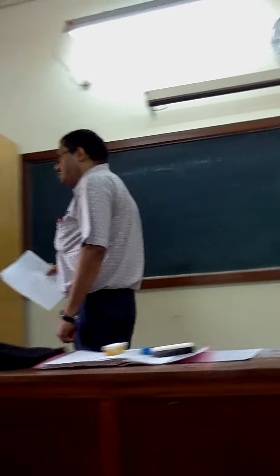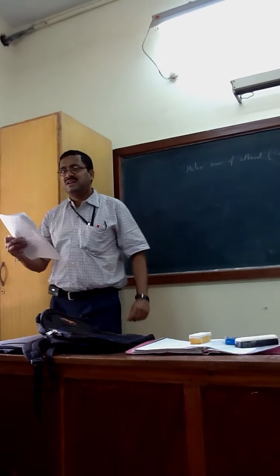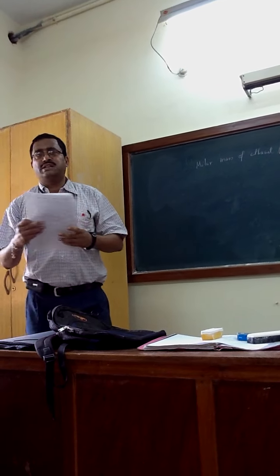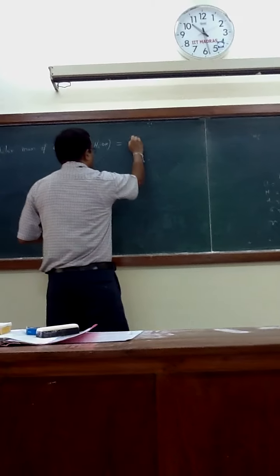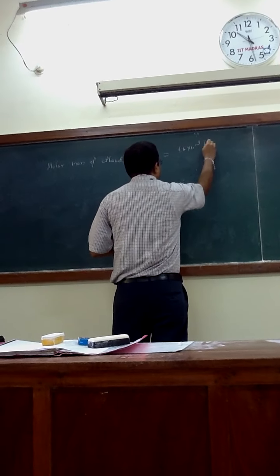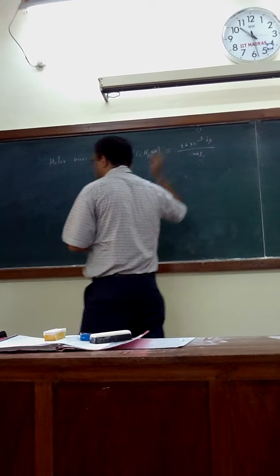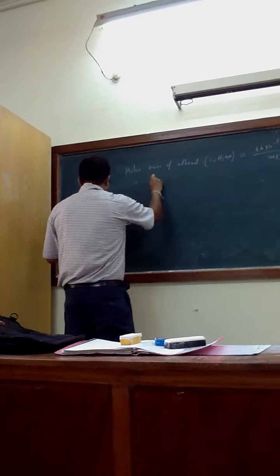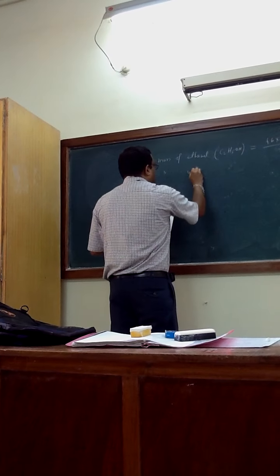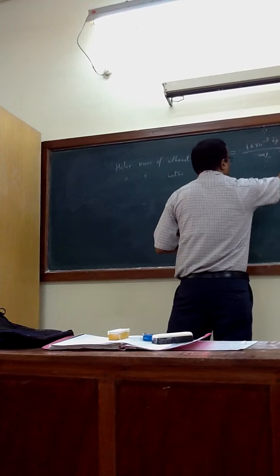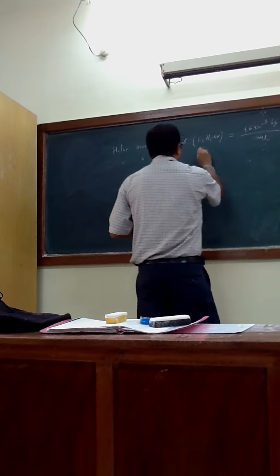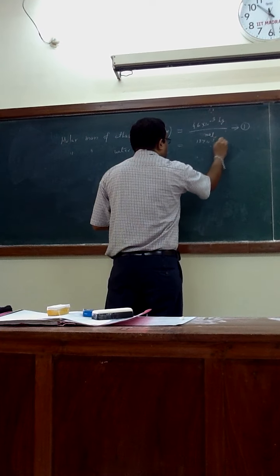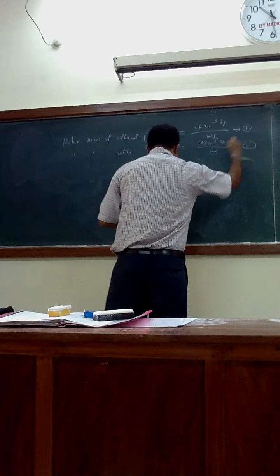It is 46 × 10^-3 kg per mole. If I say per kilomole, you can say 46 kg. Molar mass of water, there are two components. I am calling water component number 1, which is 18 × 10^-3 kg per mole. Ethanol is component number 2.